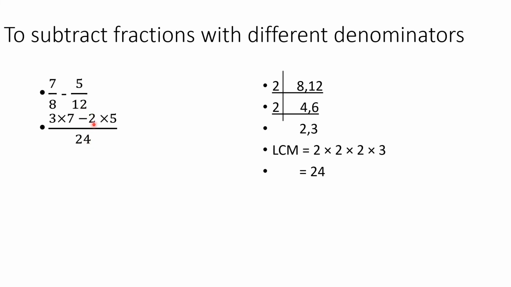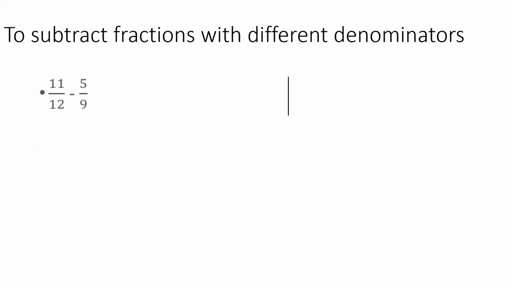We will write 2 here, multiply this numerator. Now 3 sevens are 21 minus 2 fives are 10 by 24. So 21 minus 10 equals 11 by 24. It is a subtraction.